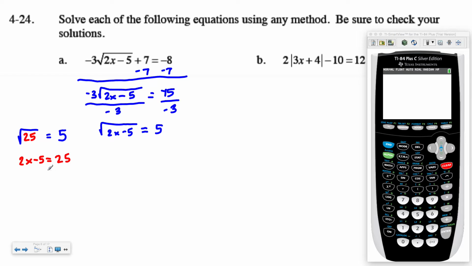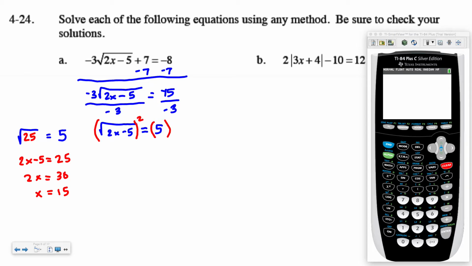We can solve that the rest of the way. Add our 5 to each side, we should have 30 equals 2 times some number. Well, 2 times what equals 30? x would have to equal 15. Now that's one way of looking at it. If you are more comfortable with undoing the square root, you could do that too.